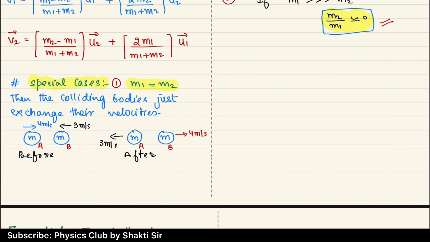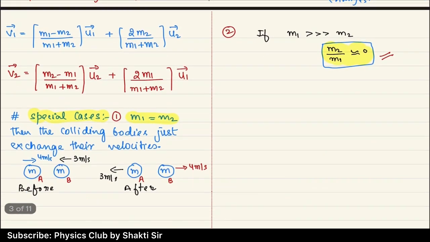Initially body A has 4 meters per second, but after the collision body B has 4 meters per second. Even their directions remain the same. You can see 3 meters per second moving towards the left. So this is the very straightforward answer: when the masses of the bodies in an elastic collision are equal, they just exchange their velocities.